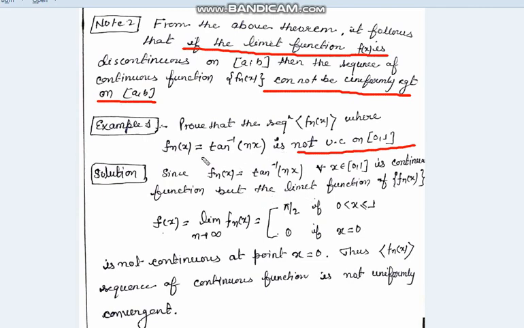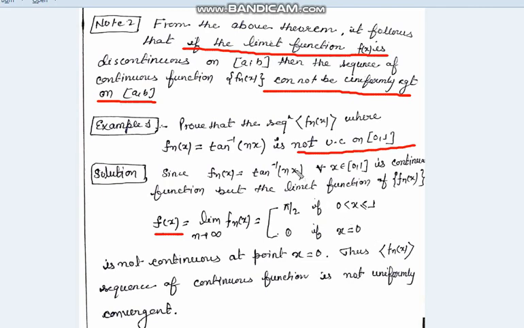but its limit function f(x), which is obtained by taking the limit as n tends to infinity, is not continuous, because its limit function is equal to pi by 2 when x lies between 0 and 1, and its value is 0 when x is equal to 0.